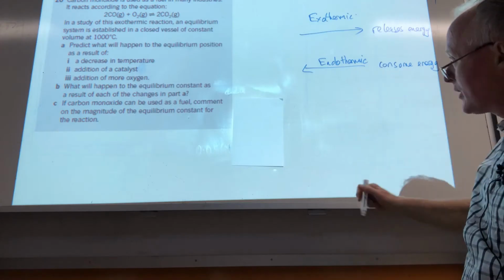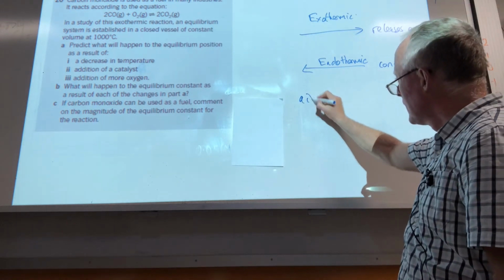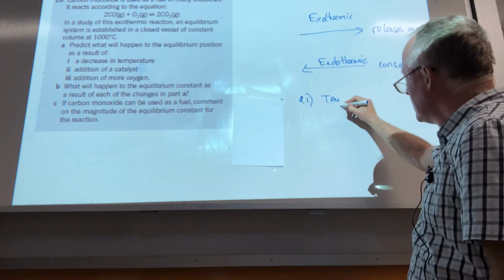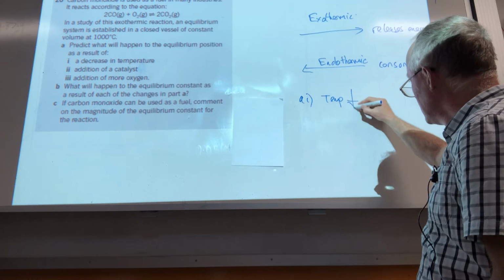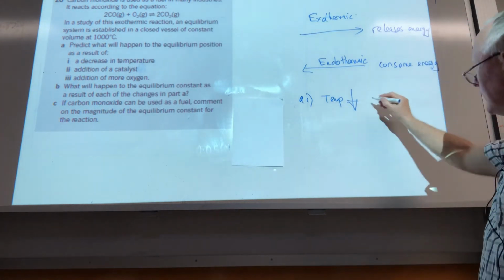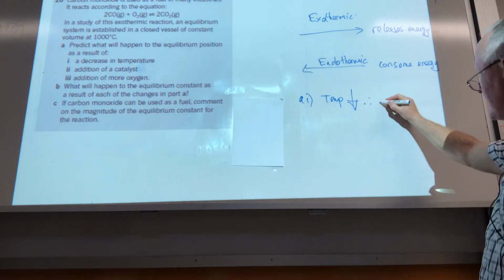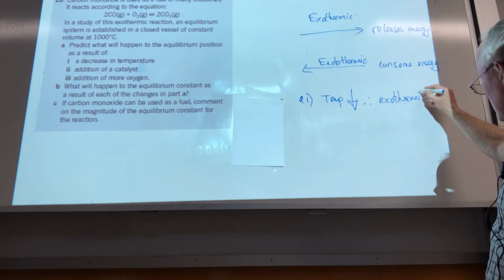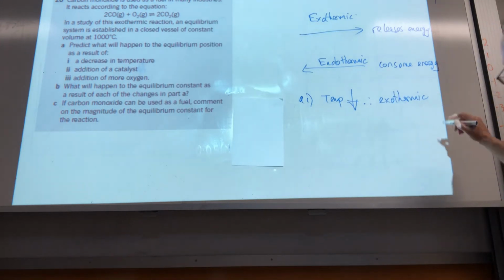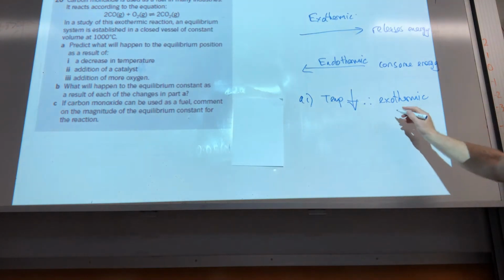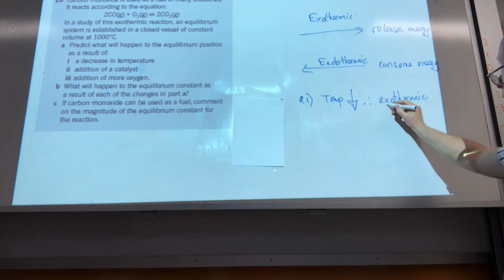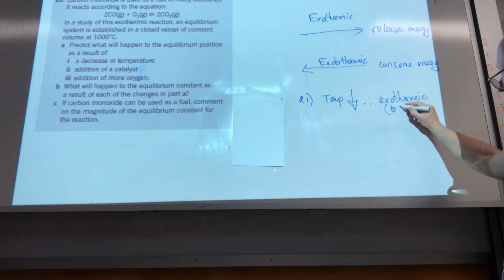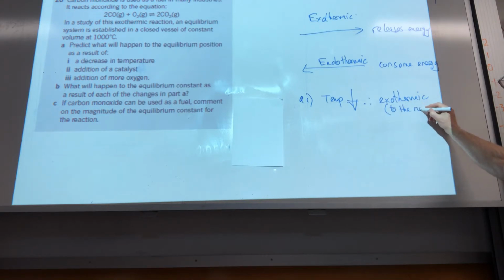So if the temperature goes down, then the reaction is always going to go in the exothermic direction, because that means the temperature goes up. And in this case, the exothermic direction is the forward direction, to the right, however you want to describe it.